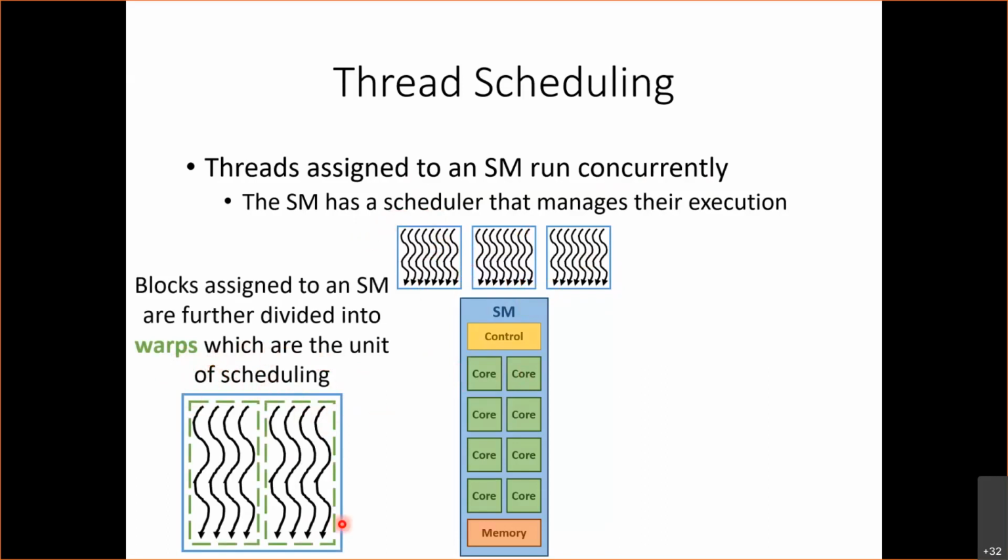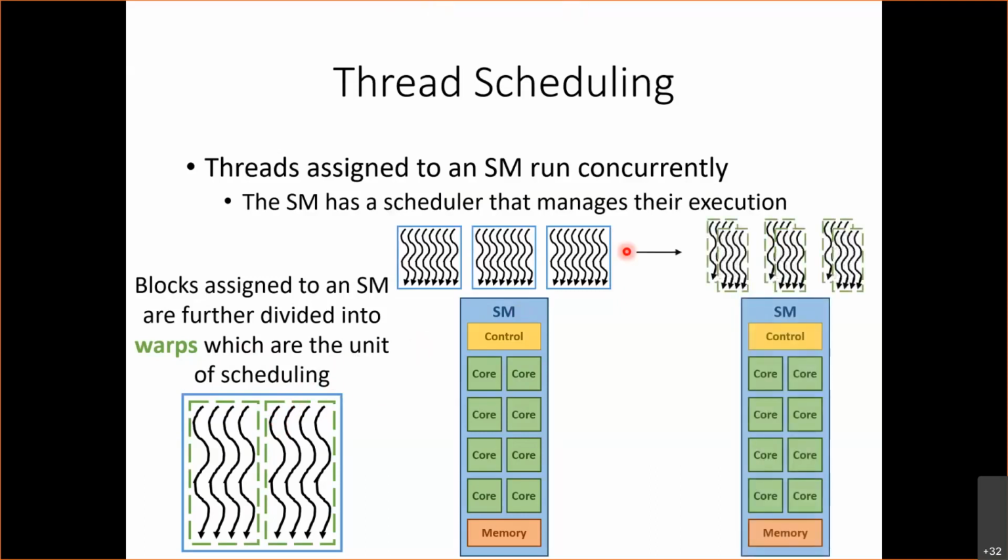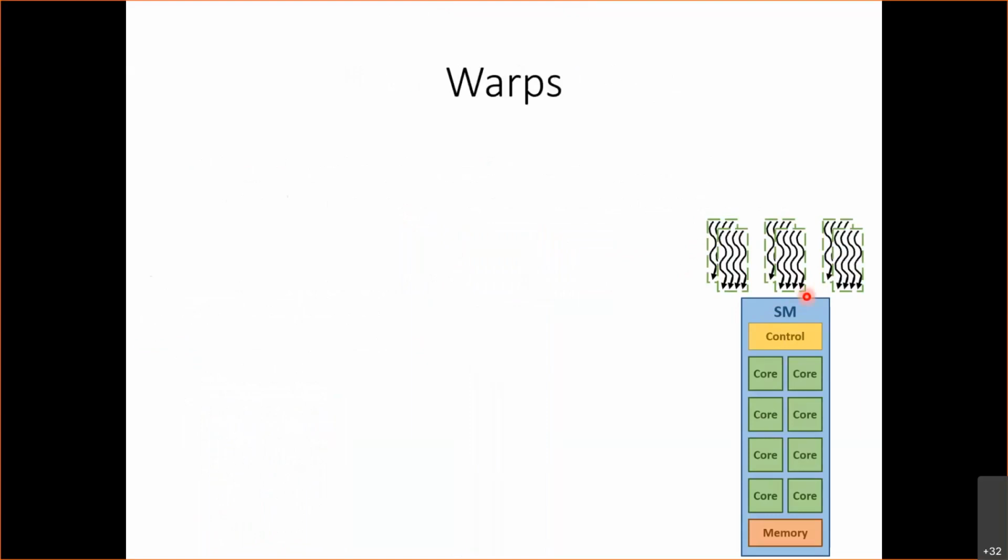The thread block is further broken down into warps, and these warps are the unit of scheduling on the SM. This shows how each thread block is broken down into warps. So let's talk a little bit about what these warps are.